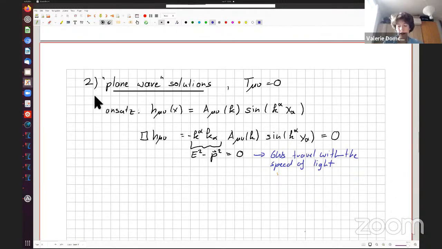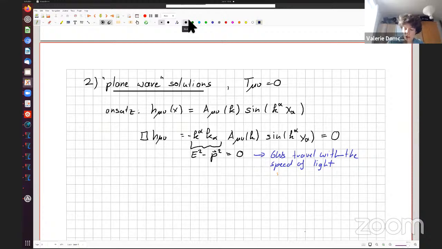Only then are they a solution to this equation that we got from GR. Coming back to the question I was asked earlier, if there was a mass term, then we would have gotten a different result. So this is clearly an indication that we're dealing with massless degrees of freedom.